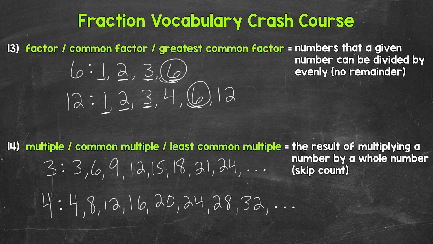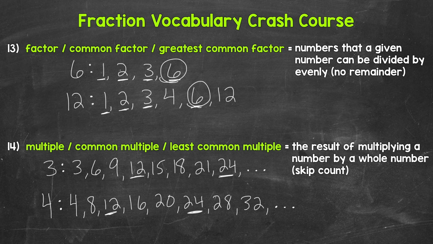Since multiples continue on forever, they're infinite, that means common multiples end up being infinite as well. So looking at the lists of multiples we have, do we have any common multiples? Yes. 12 is a common multiple, and 24 is a common multiple. Now, if we were to continue those lists, we will continue to find common multiples.